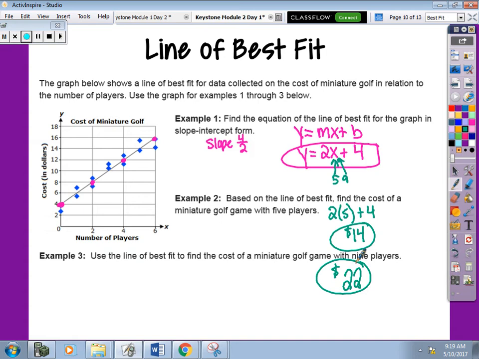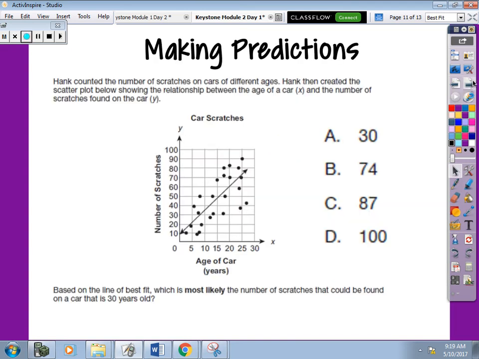Okay. The last 2 are making predictions. The really last one is not making predictions. It's more analyzing the graph. But this one I think was a bell ringer earlier in the year. It talks about the number of scratches on a car in terms of how many years you've owned the car. And it says, based on the line of best fit, which is most likely the number of scratches that can be found on a car that is 30 years old.